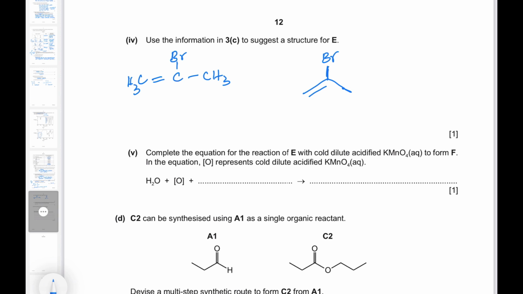Part 5. Complete the equation for the reaction of E with cold dilute acidified aqueous potassium manganate to form F. In the equation, the oxygen in brackets represents cold dilute acidified potassium manganate.